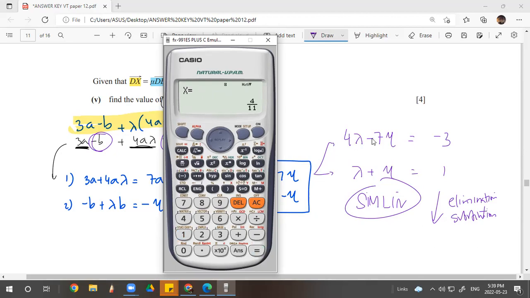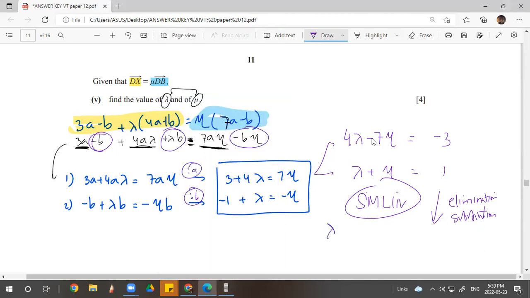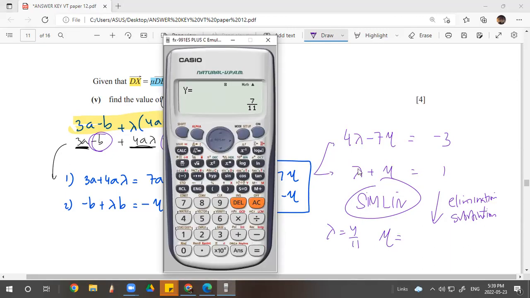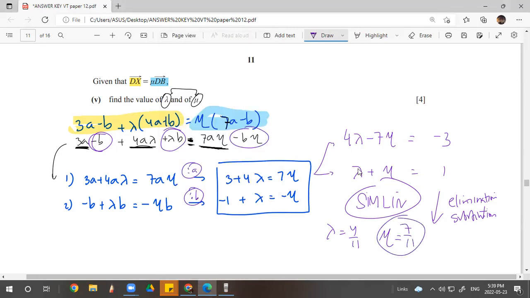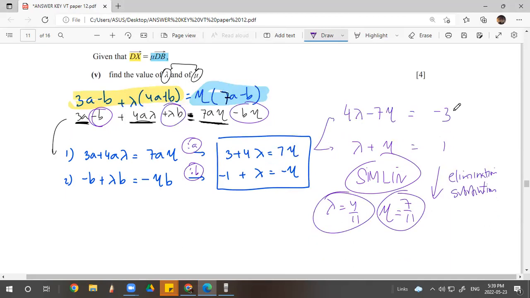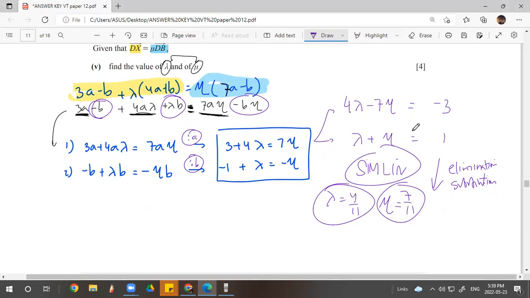There you go. The lambda is 4/11. The mu is equal to 7/11. Done. Okay, using the calculator, but if you want to use the elimination or substitution method, you can do it as well.